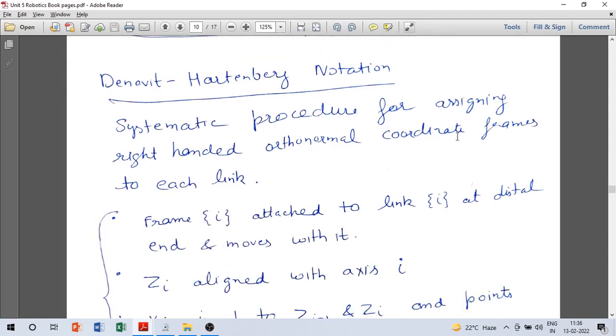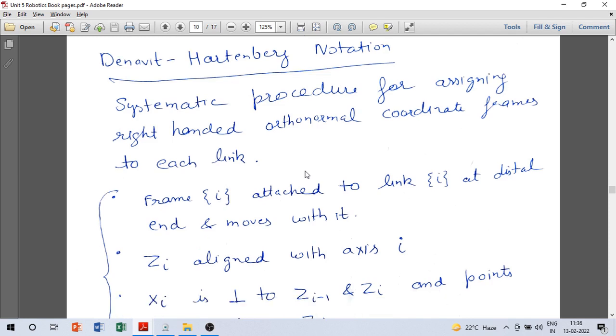Now, having described joint parameters and link parameters, let us talk about what is called Denavit Hartenberg notation. This notation is a systematic procedure for assigning right-handed coordinate frames to each link. That is the topic we are talking about, how to assign coordinate frames to each link, and for that there is a systematic procedure and notation called Denavit Hartenberg notation.